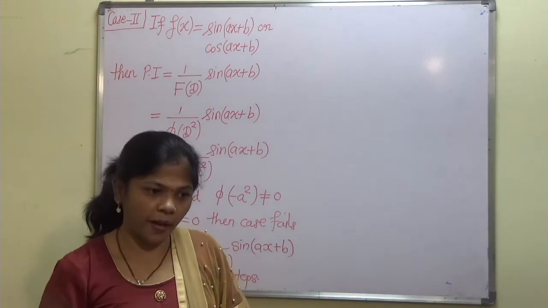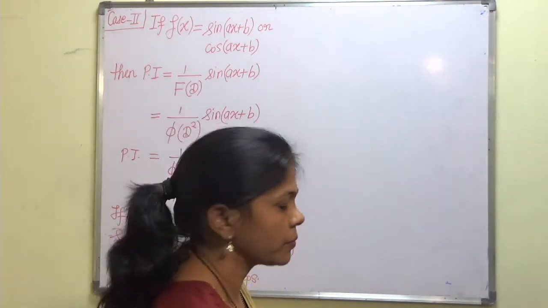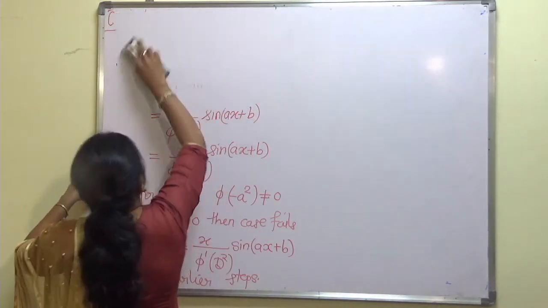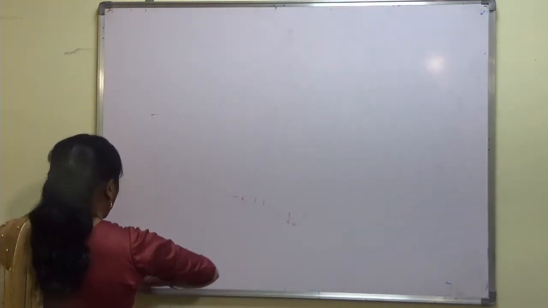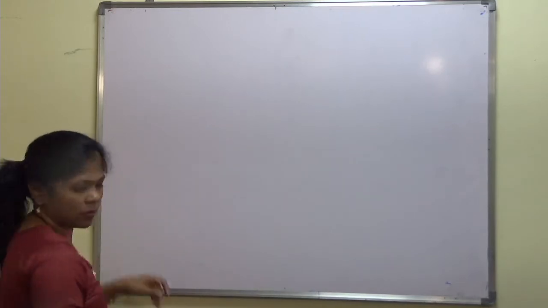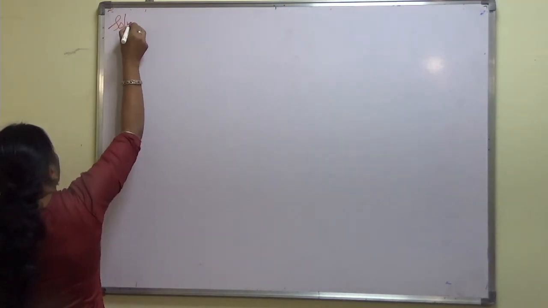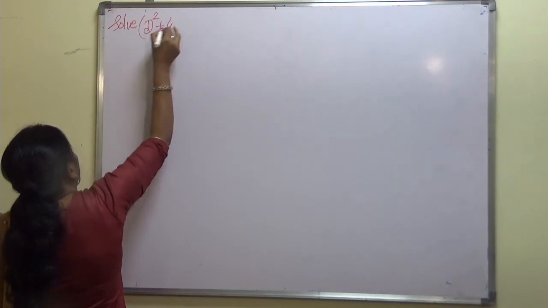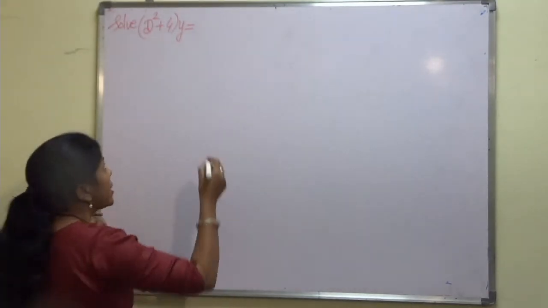So let us see how this method works to obtain the solution. Let us see this with the help of an example. Solve D square plus 4 operating on y is equal to sin 3x.